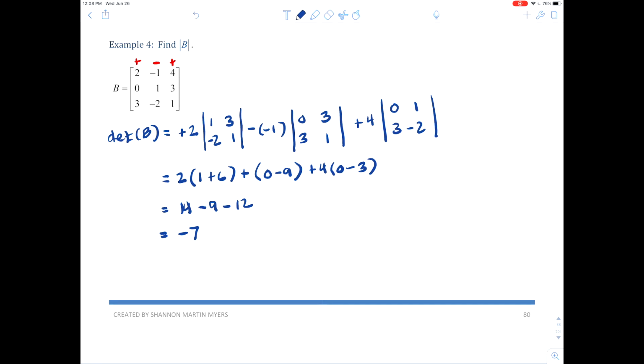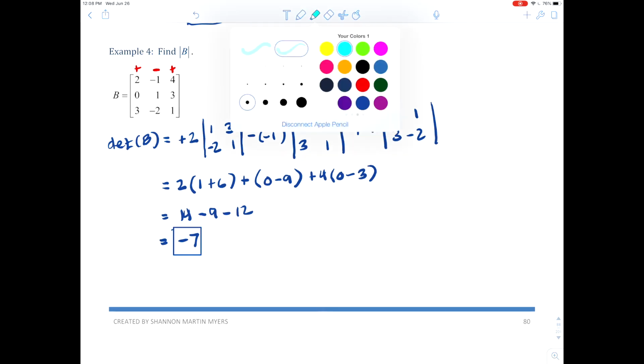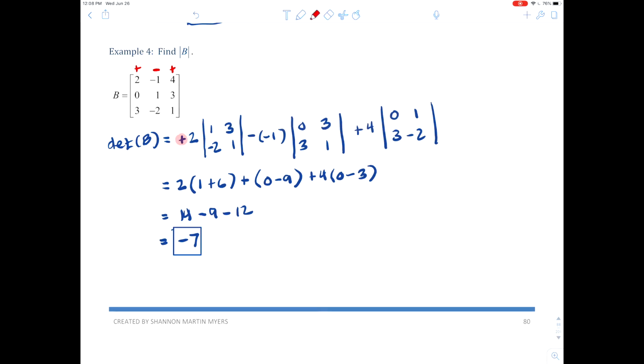Good, good? All right. And just so you can follow along, these signs here that I'm highlighting in red came from this computation. The entire cofactor part would be positive 1 in this determinant. For the second one, it would be this negative and this determinant.